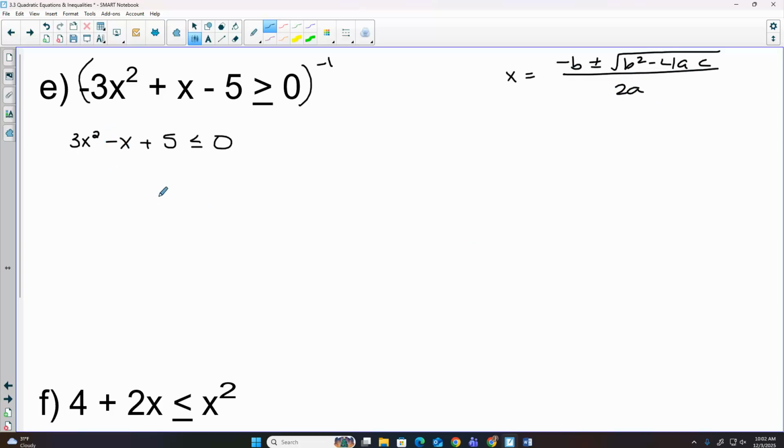So my b is negative 1, so the opposite of negative 1 would be 1, plus or minus the square root, negative 1 squared minus 4 times 3 times 5, over 2 times 3.